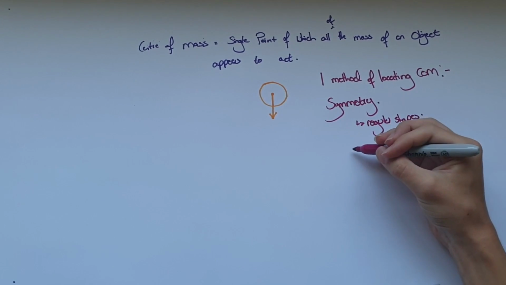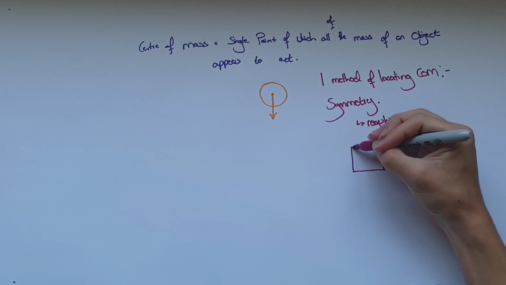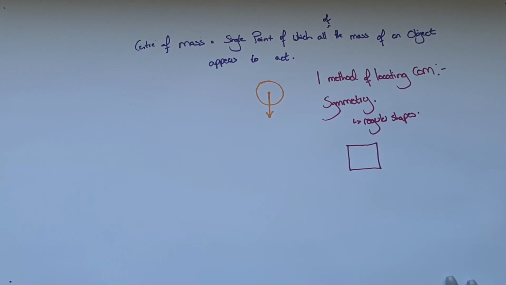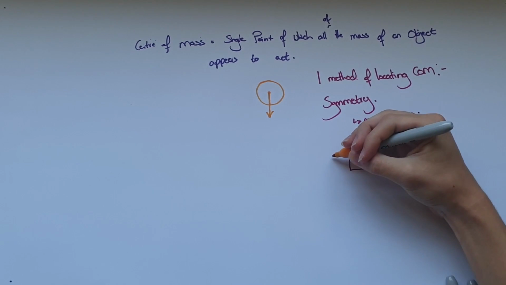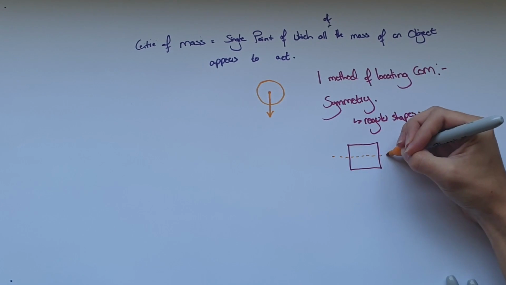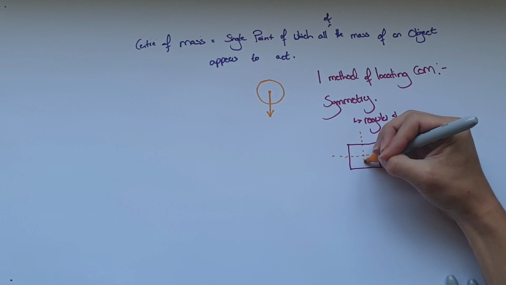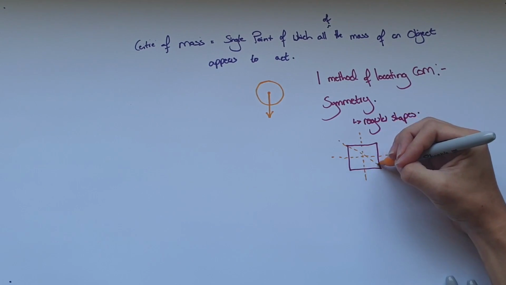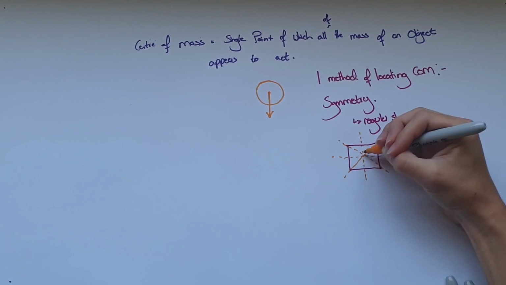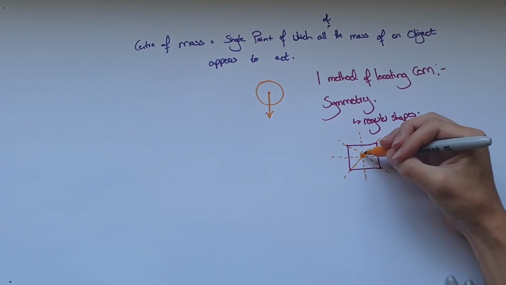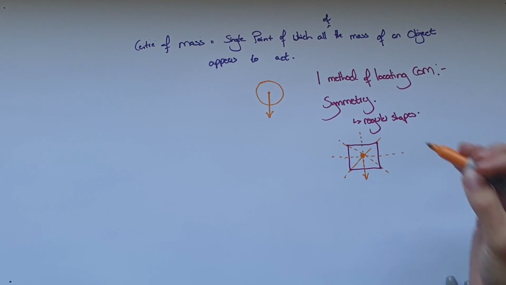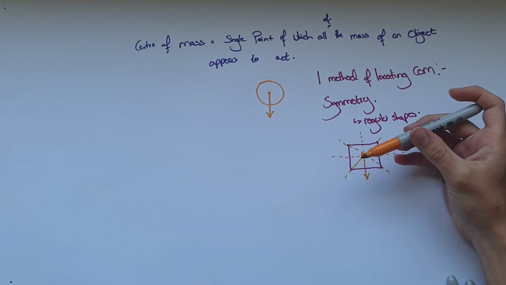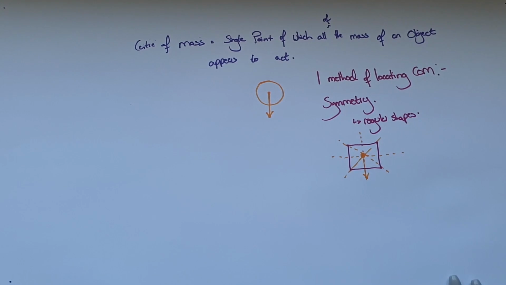So you could say you had an object shaped like a square. Well, you can find the centre of mass of this object by using lines of symmetry, finding where all the lines of symmetry intersect, and that is where the centre of mass is. This only works for regular shapes such as squares and circles, and that's where the lines of symmetry cross.